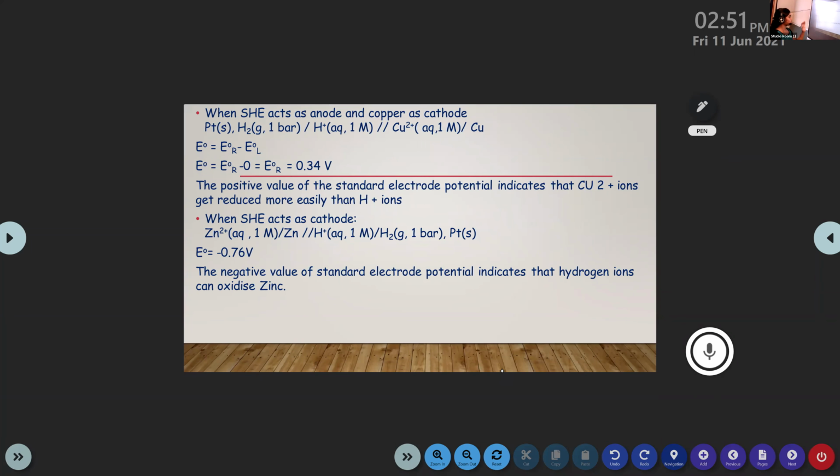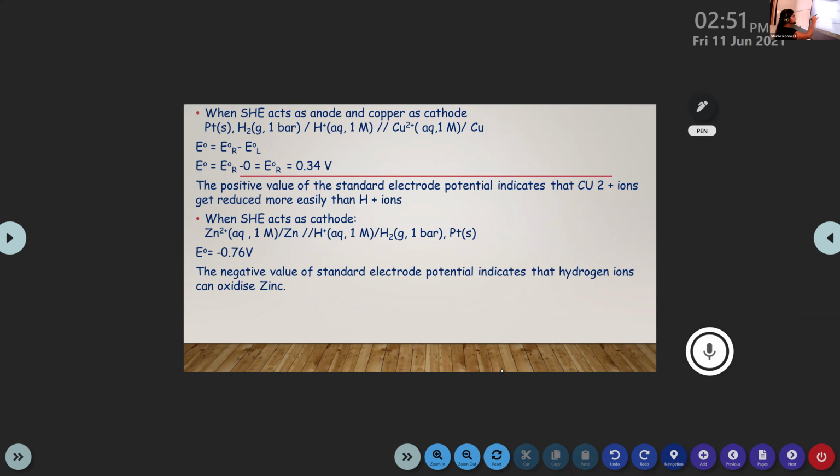You only need to write this one. In the first case, the standard hydrogen electrode acts as anode, and in the second case, the standard hydrogen electrode acts as cathode. In the first case we got a positive value, and in the second case a negative value.